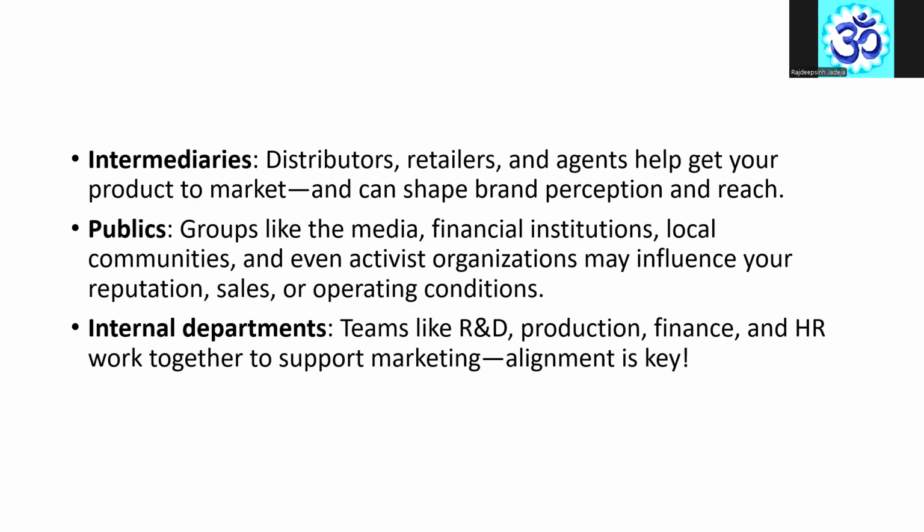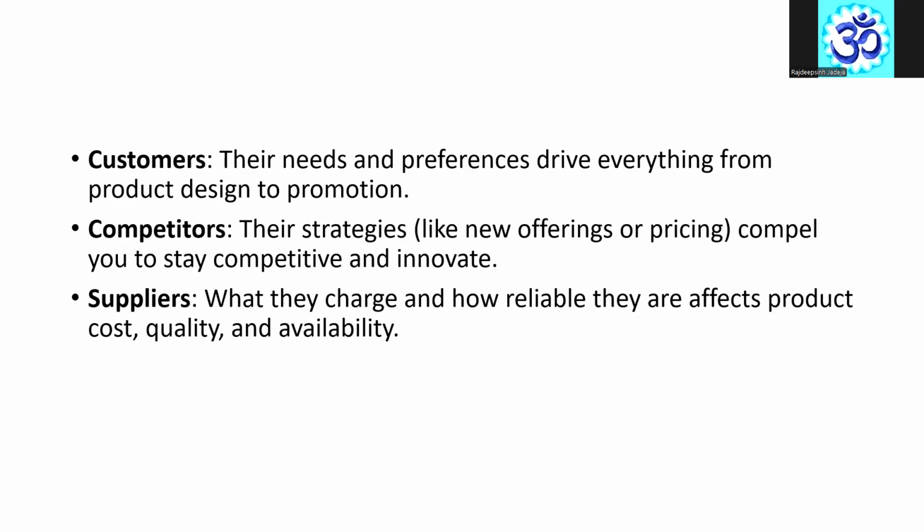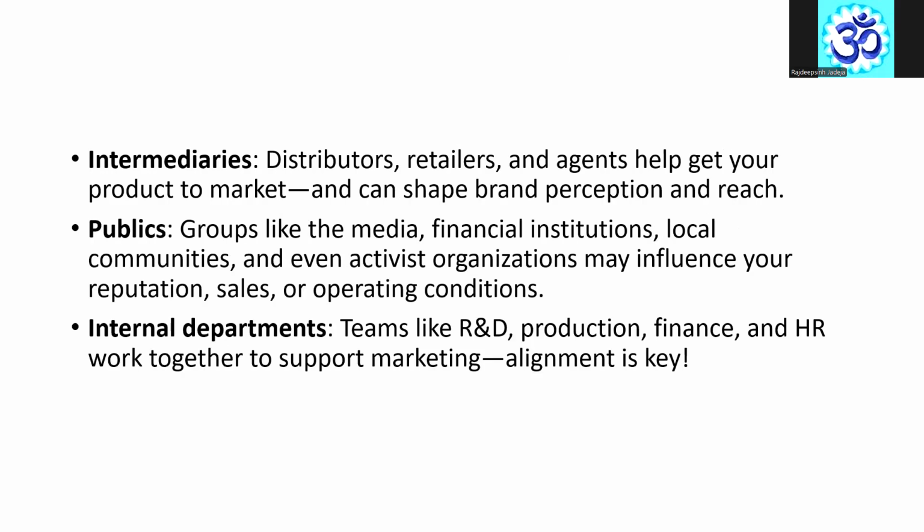Then there are internal departments like research and development, production, finance, and HR, which work together to support marketing, and the alignment is key. So the micro environment includes customers, competitors, suppliers, intermediaries, publics, and internal departments. These six are the micro environment, and they are controllable.